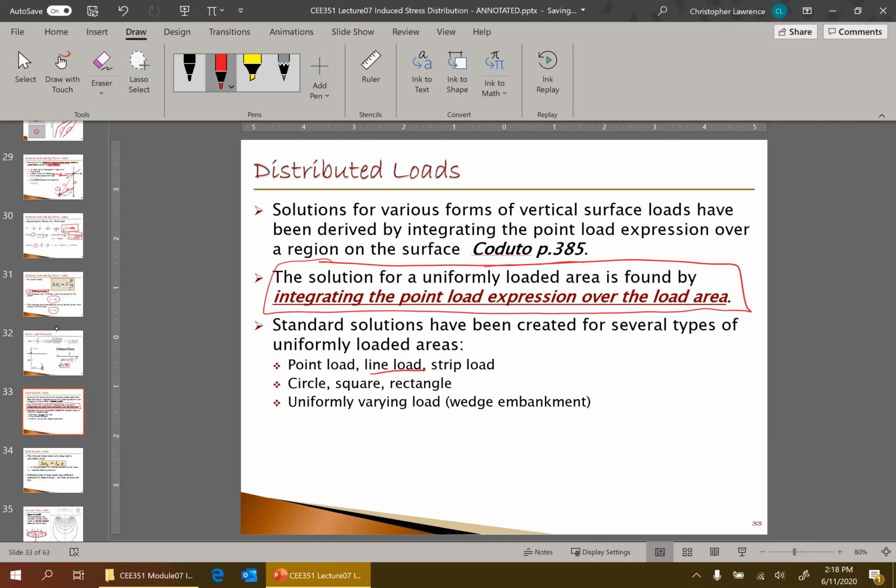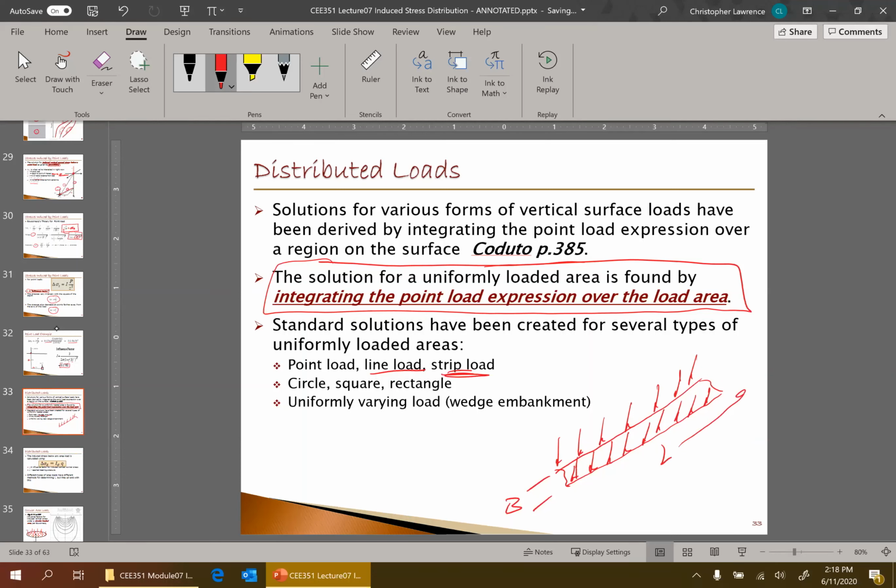A line load might look like this, essentially a 1D load, whereas a strip load is really pretty thin in one dimension, but very long in the other dimension. It's also called a semi-infinite load. So it's small and finite in one direction, but very, very long in the other direction. So that's what we call a strip load.